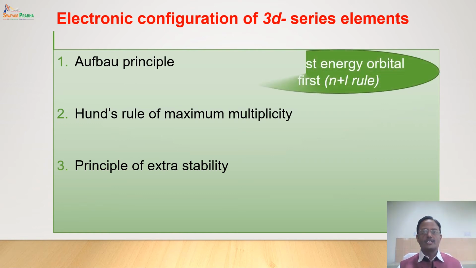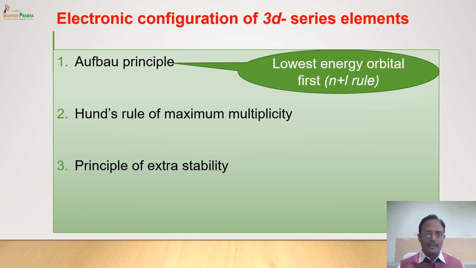What does the Aufbau principle say? It says that when the electrons are filled in various shells and subshells, they are filled in the increasing order of the energies of the shells and subshells. That is, the lowest energy shells and subshells will be filled first, and then the electron will go to the next higher energy orbital.